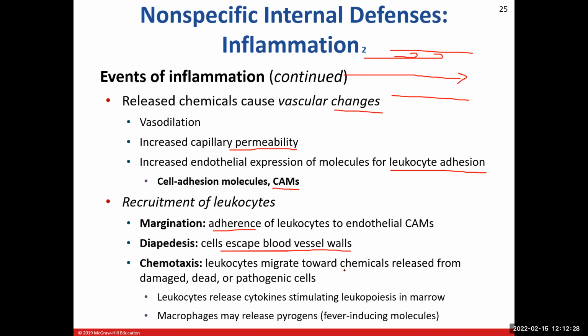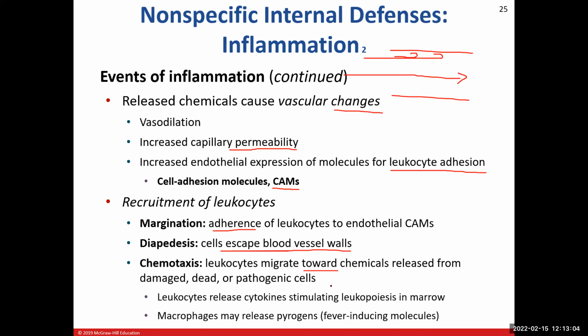Because remember all those structures that I told you that were releasing chemicals as a result of inflammation of that tissue that was damaged, okay? It is going to migrate toward the source of those chemicals, which is going to be any of those cells that were damaged in the tissue, those pathogenic cells, that bacteria or virus that's there, and any of the white blood cells that were already on the site immediately.